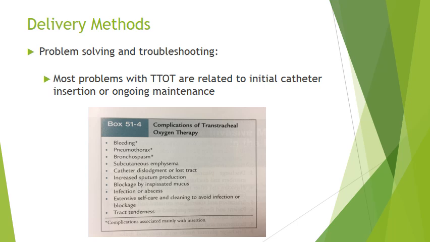And most of it has to do with the following list of items: bleeding, pneumothorax, bronchospasm, subcutaneous emphysema, catheter dislodgement or lost tract, increased sputum production, blockage by inspissated mucus, infection or abscess, extensive self-care and cleaning to avoid infection or blockage, and tract tenderness.